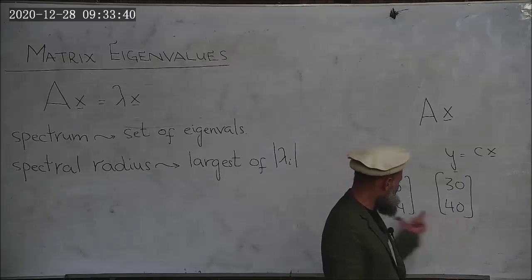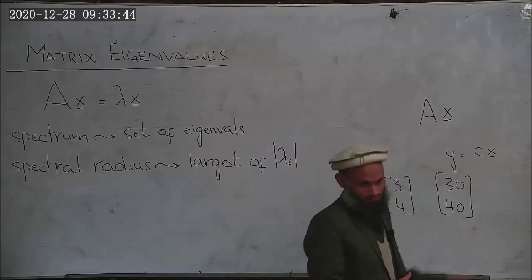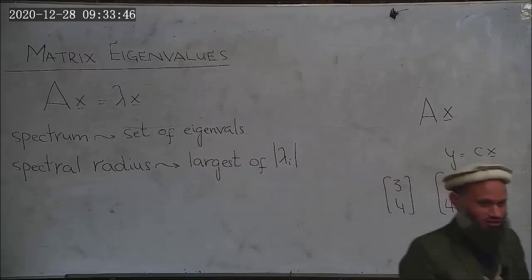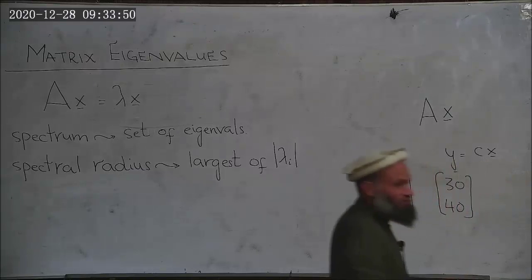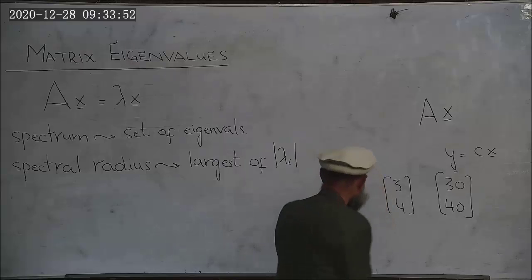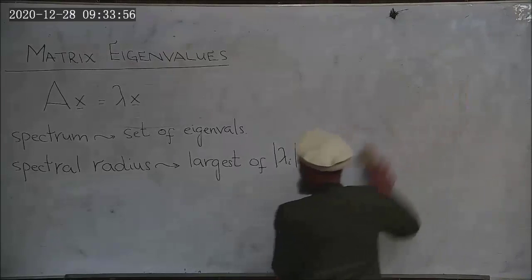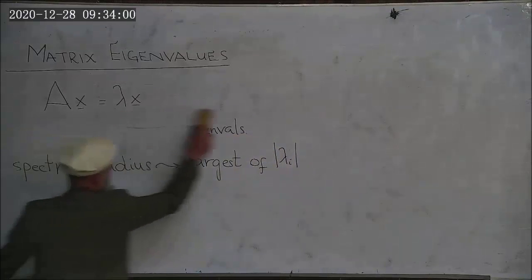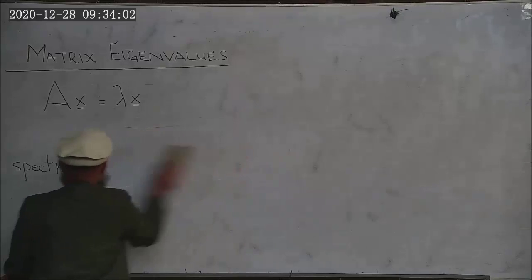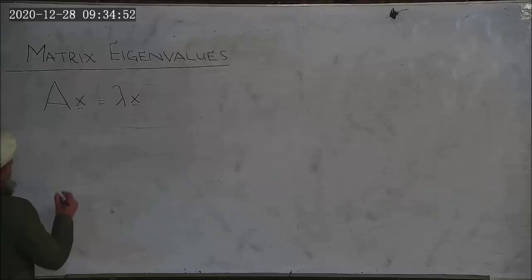So these two eigenvectors are linearly dependent. So eigenvectors can be linearly dependent as well as independent, that we shall talk about in more detail. Now next question is how to determine these eigenvalues and eigenvectors.